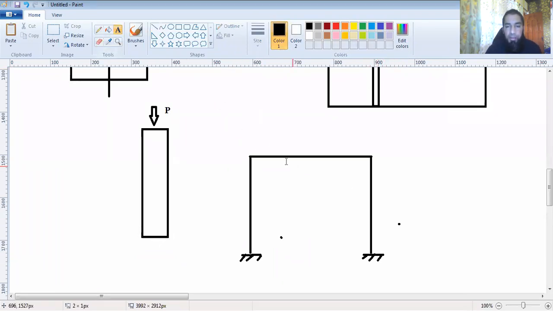In this case, there are loads acting on the slab, then onto the beam, and then those loads are going into the column.